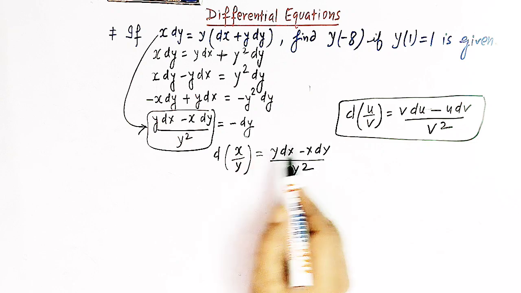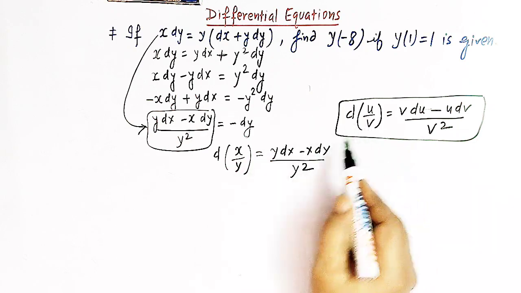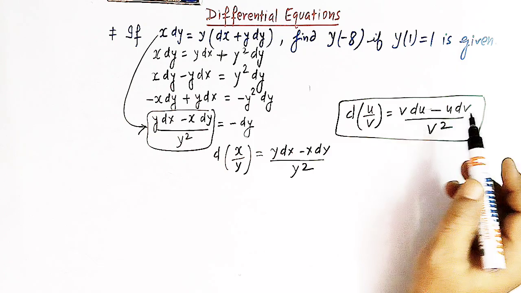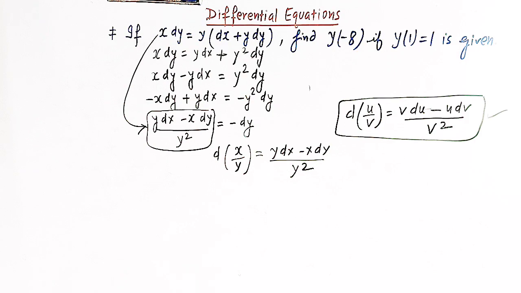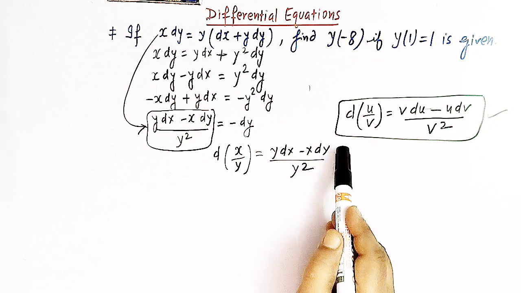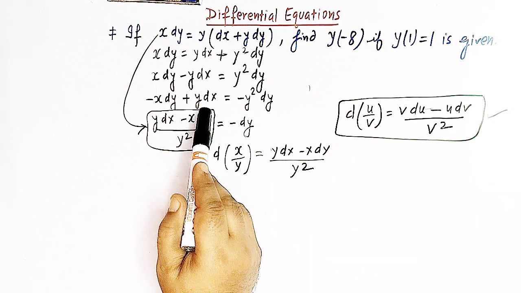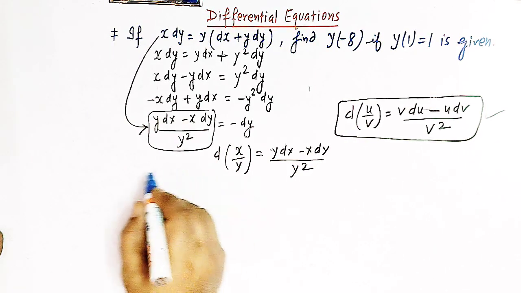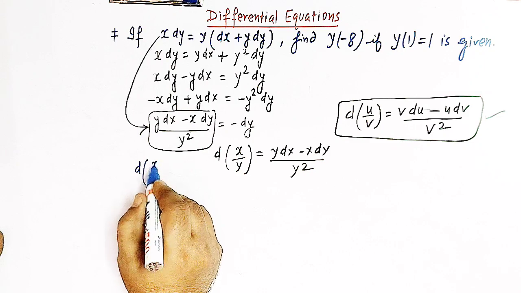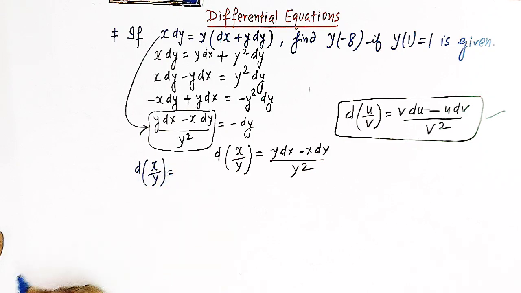So here x is u and v is y. So we have applied the quotient rule for differentiation of x over y, right? So the differential of x over y is given by this term. So we can now replace this term by d of x over y. So now we can write d of x over y is equal to minus dy, right?